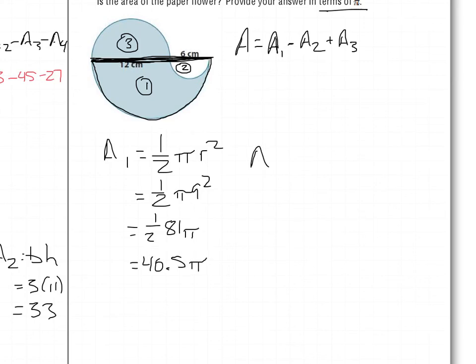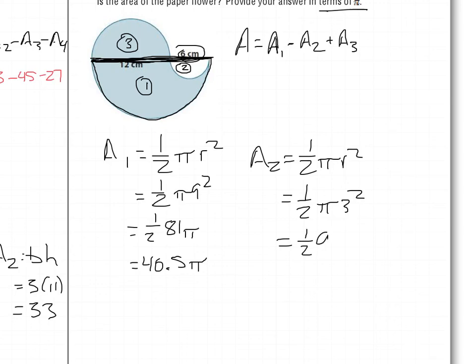Area 2 is this small semicircle, so it's also going to be using half of pi times r squared. In this case we see that the diameter of the small semicircle is 6, which means the radius is 3, so half of pi times 3 squared is going to be equal to half of 9 pi, or 4.5 pi.